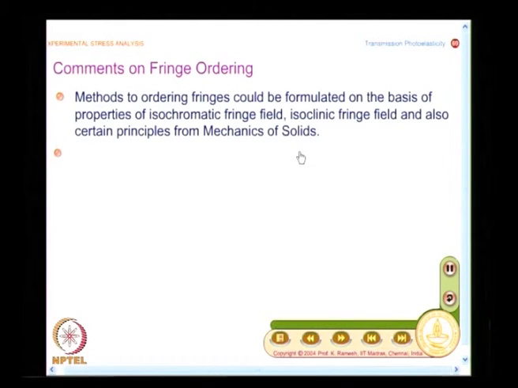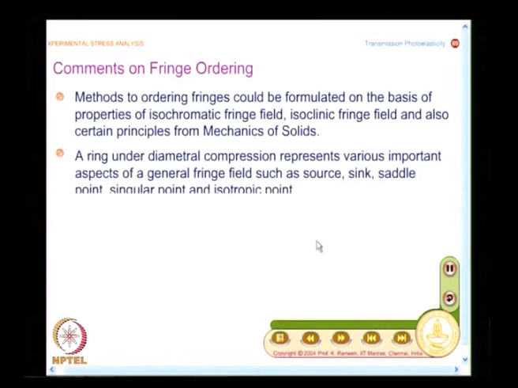So, what I need to do is go and see what are all the properties of isochromatics, what are all the properties of isoclinics, and I am going to take the problem of a ring under diametric compression to illustrate the properties of isochromatic fringe field as well as isoclinic fringe field. And even before we look at those properties, let me list only the names, I am not going to explain them. I want you to look at the fringe pattern and try to figure out yourself.